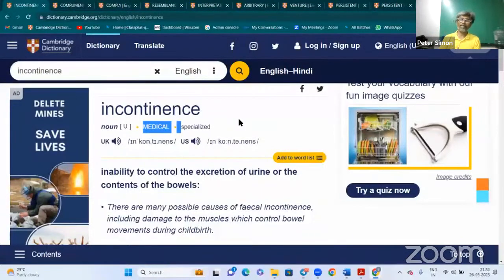You are writing a letter to a medical professional, use this word. He has incontinence, urinary incontinence. You can use this word in writing. But in role play, you cannot use this word. So you have to talk in simpler terms.